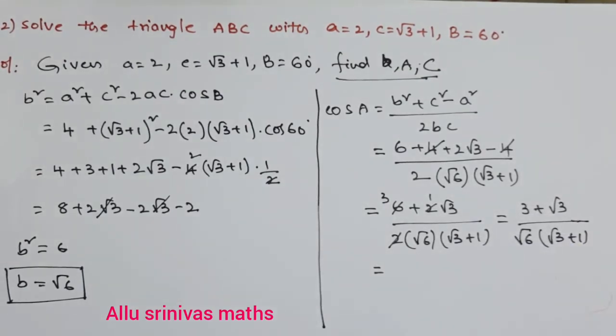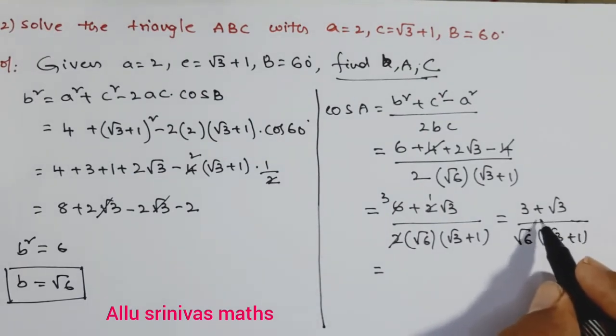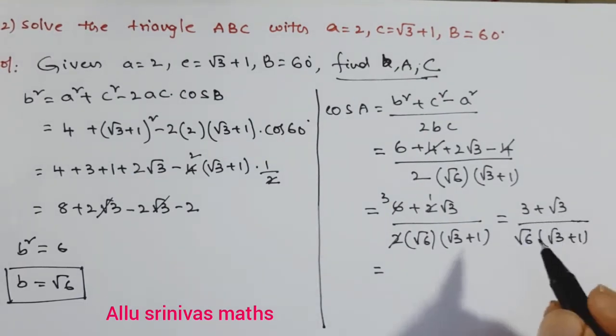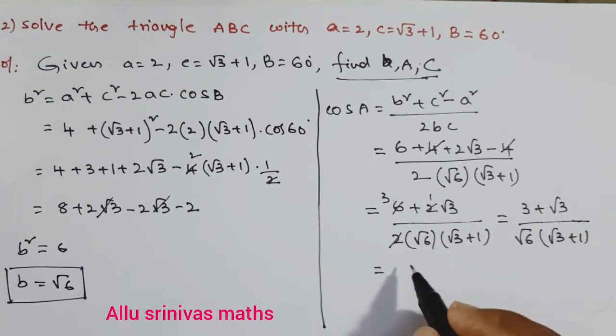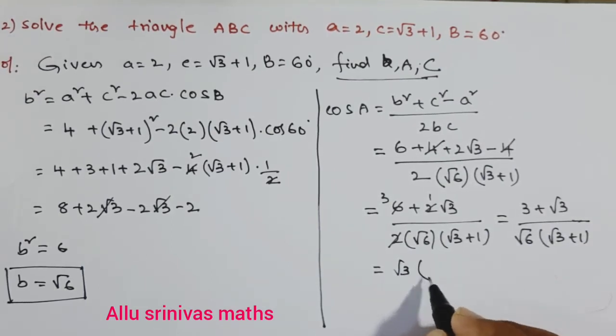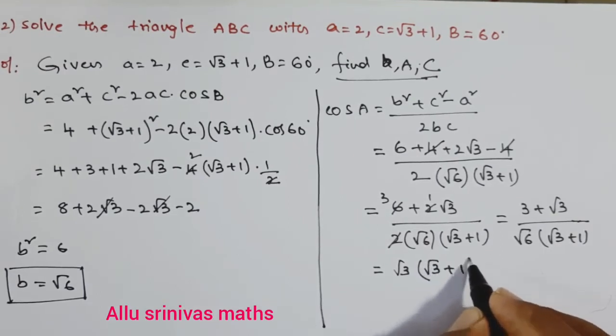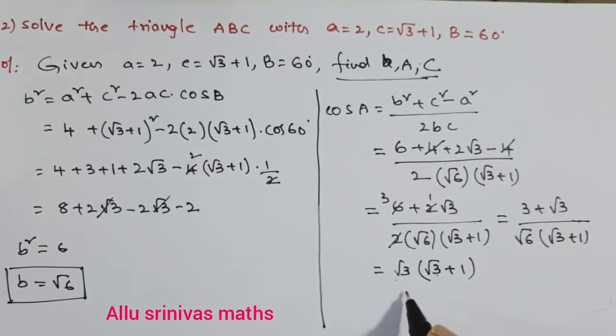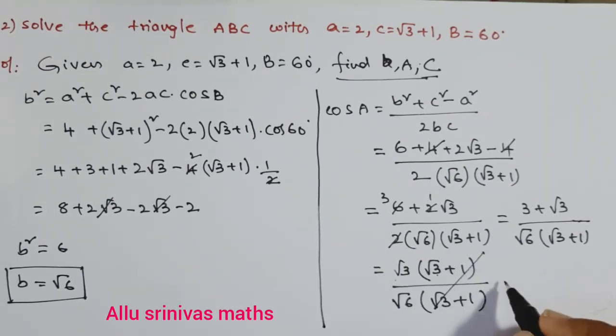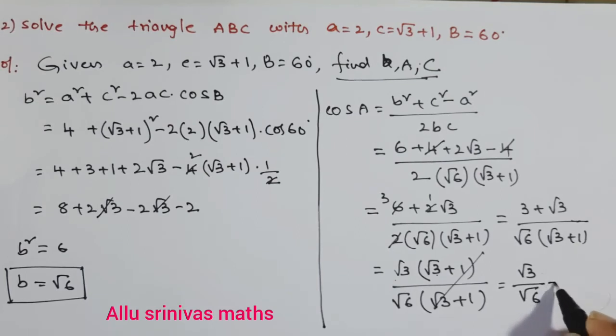Numerator, take root 3 from the two terms, root 3 of root 3 plus 1. Root 3 into root 3 is 3, and plus root 3, root 6 of root 3 plus 1. Root 3 plus 1 cancel in numerator and denominator, and then finally root 3 by root 6. Root 6 can be written as root 3 into root 2.